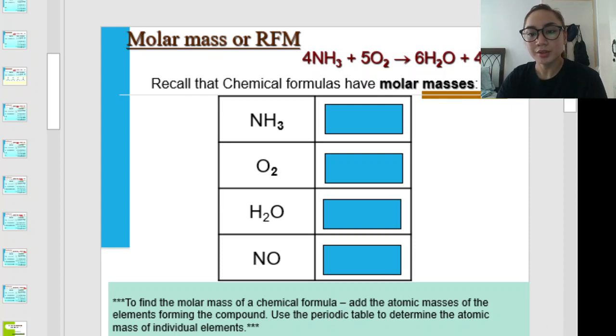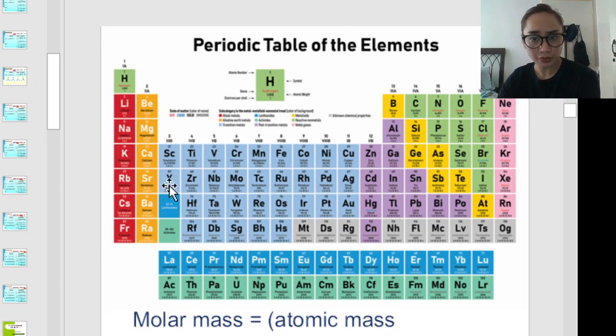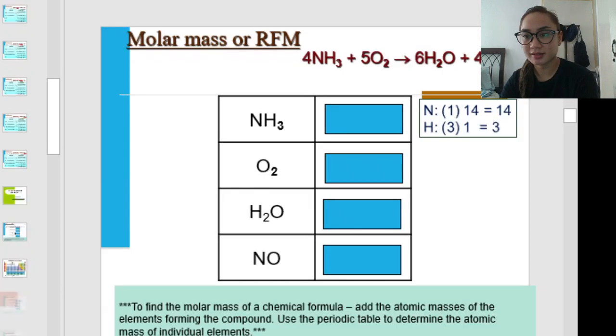Okay. So here, ibig sabihin lang nito, kukunin natin yung atomic mass ni nitrogen and then ni hydrogen in order for us to get the molar mass. For example, so of course, kailangan natin dito ng ating periodic table. So we need this periodic table. So kung meron kayo, I know you do have, please use it as a reference.